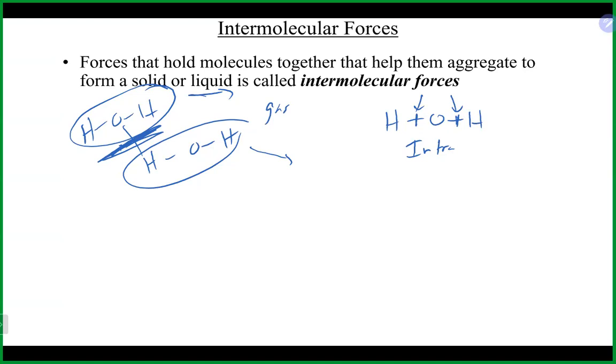It would produce a lot of hydrogen gas, oxygen gas, and clearly that doesn't happen when we go to boil our water to make pasta or something like that. So these intermolecular forces are always much weaker than any intramolecular force.